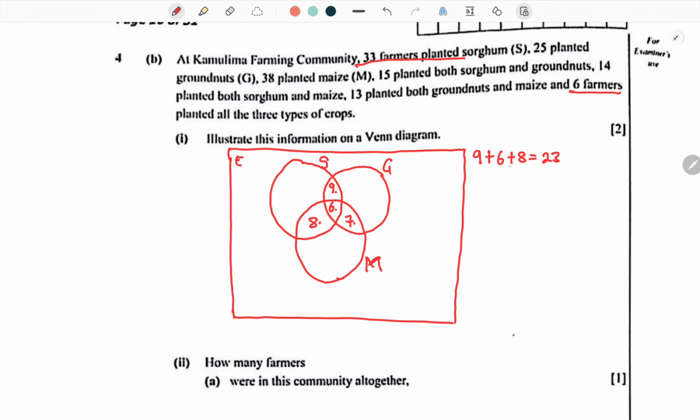This 23 subtracted from the 33 farmers. So you say 33 minus 23, and you're going to get a 10. And this is the 10 that you're going to put here.